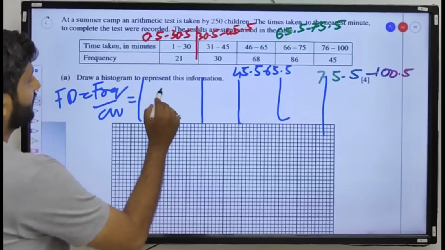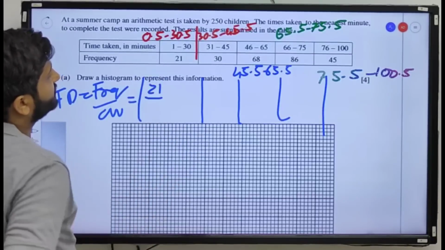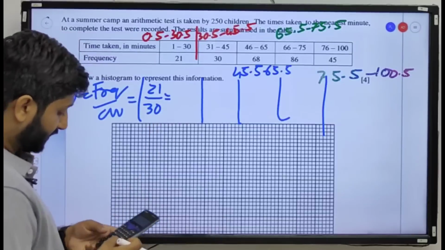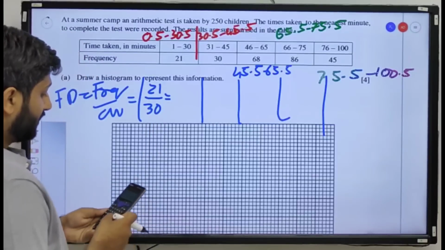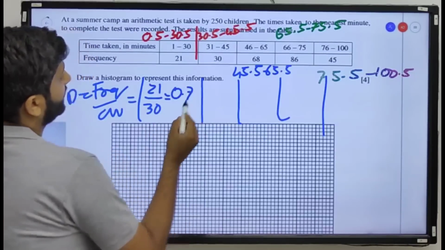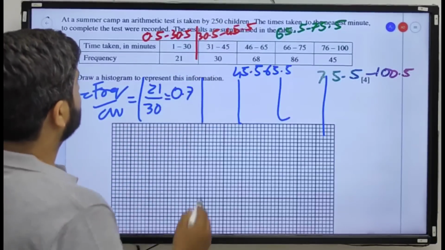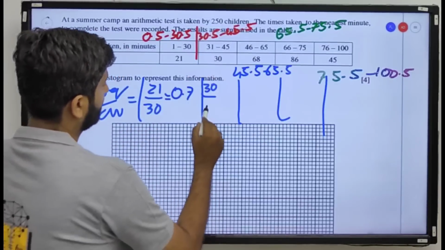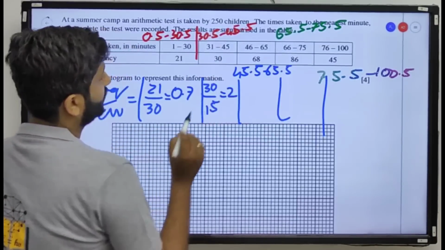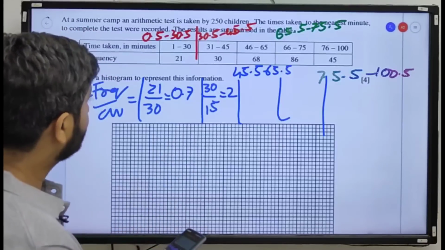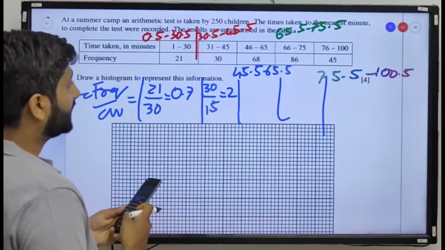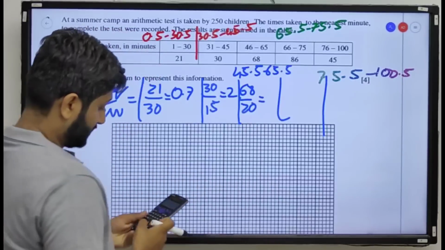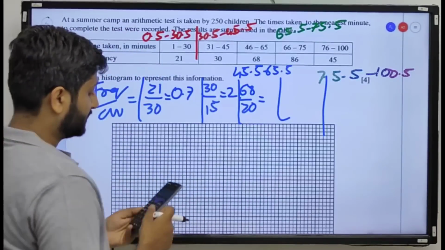So let us find out the frequency density of each of the respective bars. The frequency is 21, class width is 30. So 21 upon 30 is 0.7. Next you have frequency 30, class width 15, so the frequency density is 2. Next you have 65.5 minus 45.5 is 20. Frequency is 68, class width is 20. 68 divided by 20 is 3.4.